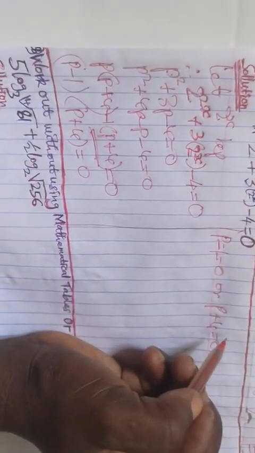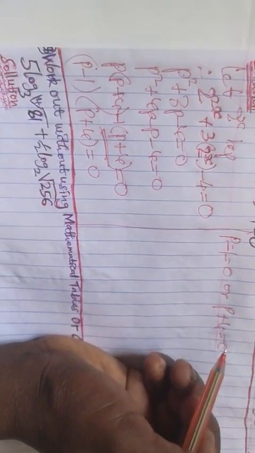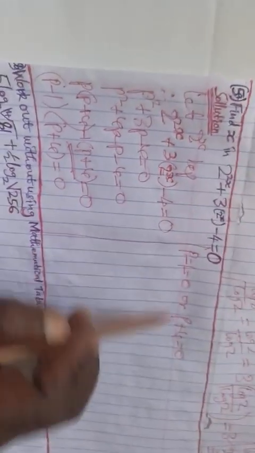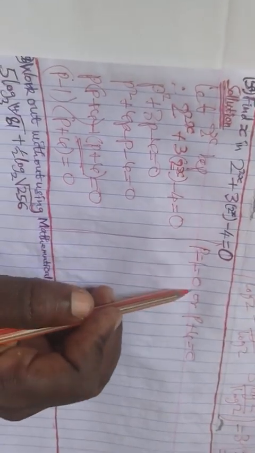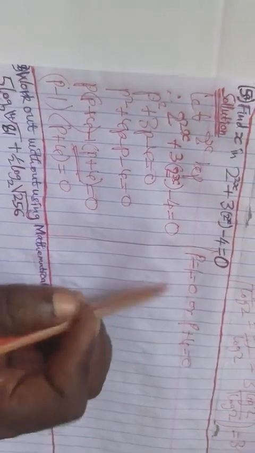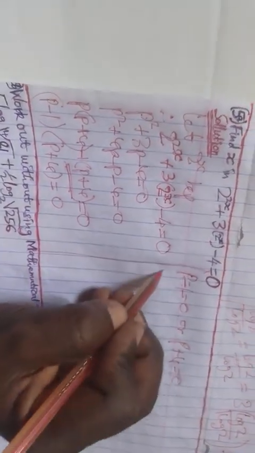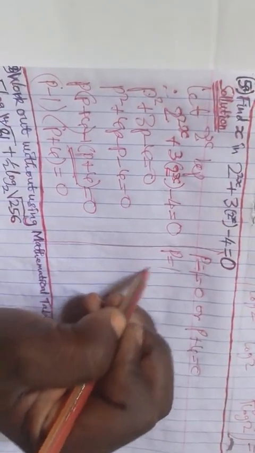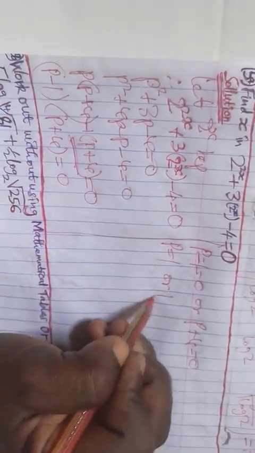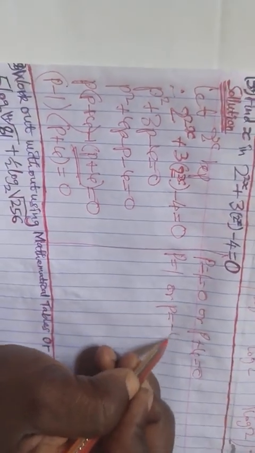Crossing 1 to the other side and 4 to the other side, p is equal to 1 or p is equal to negative 4.